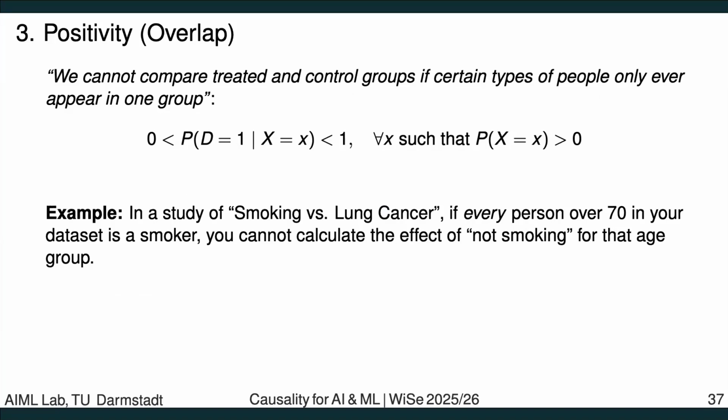And that's a problem because I can't build up the necessary statistics for what would have happened if I gave my treatment to a non-smoker, because now I have no data on that. So that's an assumption which you basically can't work around. Even the Paulian framework doesn't do much there.